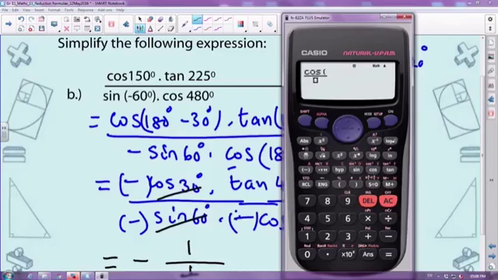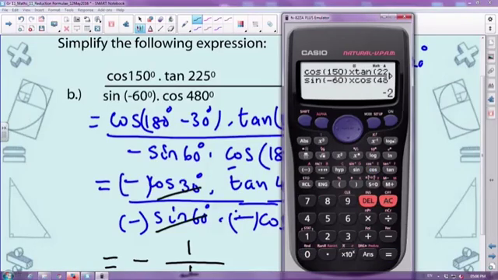You have cos of 150, close bracket, times tan 225, and then sine of negative 60, times cos of 480, is negative 2.